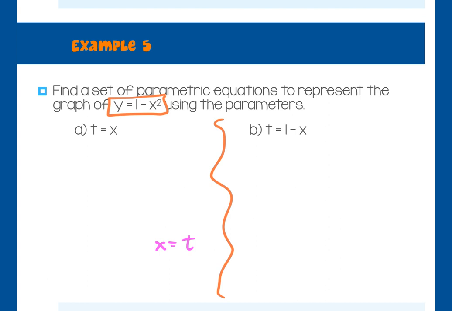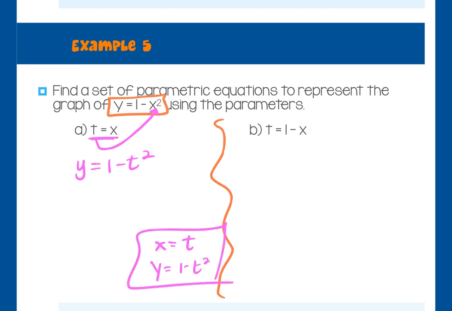Then I'm going to take what that equals and plug it into the other equation in place of the other variable. So if x equals t, then in place of the x, I'm plugging t. And I get y equals 1 minus t squared. And that's literally it. I just made my two equations both have the parameter, the t, brought in.